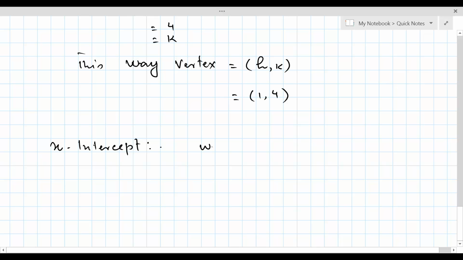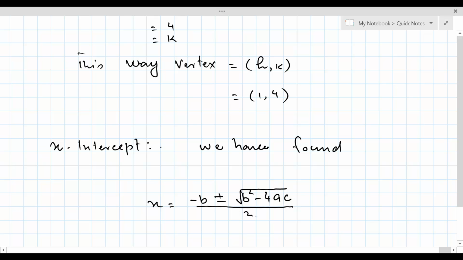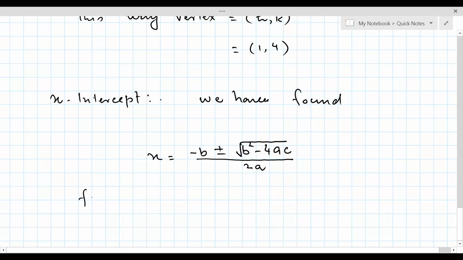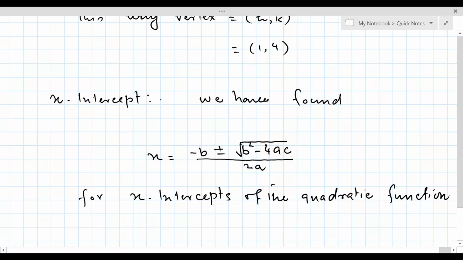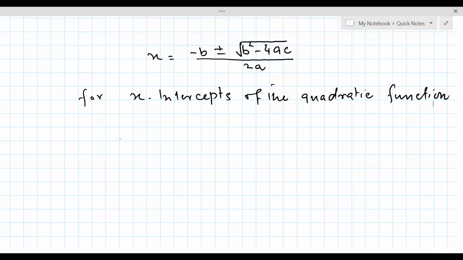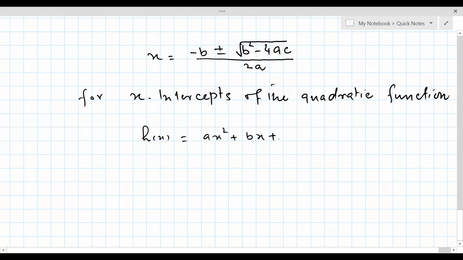We have found x equal to minus b plus or minus the square root of b square minus 4ac, over 2a, for the x-intercepts of the quadratic function h of x equal to ax square plus bx plus c.